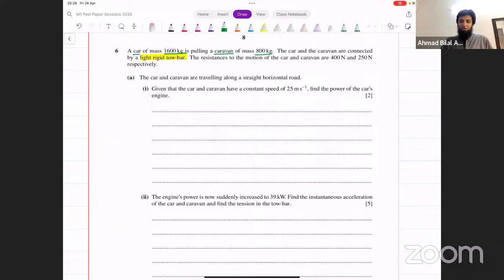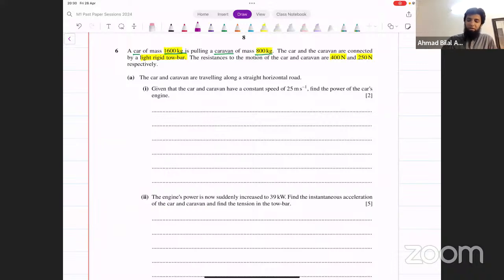It says the resistances to the motion of the car and the caravan are 400 Newton and 250 Newton, respectively. We've got the masses given and the resistances given. They are traveling along a straight horizontal road. Given that the car and the caravan have a constant speed of 25 meters per second, find the power of the car's engine.